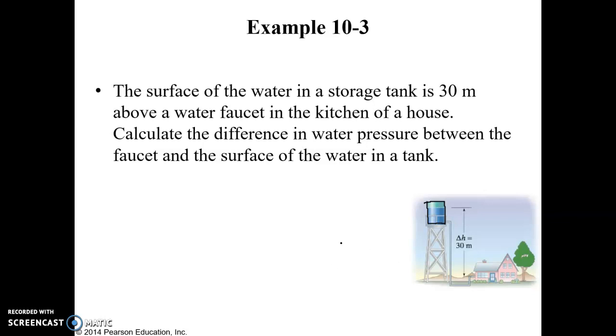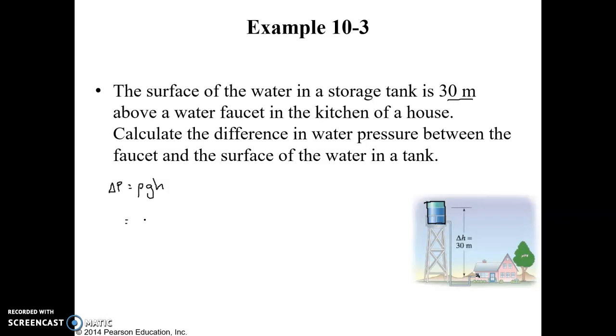So if we have a storage tank that is 30 meters above the level of the faucet, there's a faucet here inside the house, and we want to know what the pressure is there, we can calculate that using delta P equals rho g h. The difference in pressure is equal to rho g h.